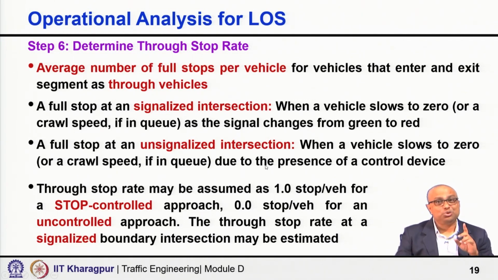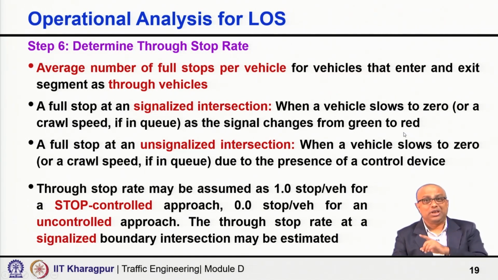Remember that it is only for that reason. So, we will consider a vehicle as full stop when the vehicle slows to 0 or to a crawling speed if in queue, as the signal changes from green to red. This is very important.